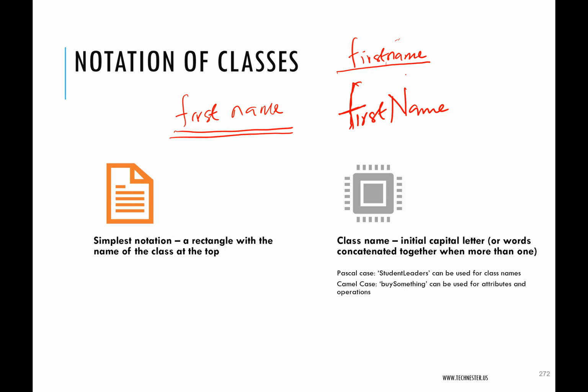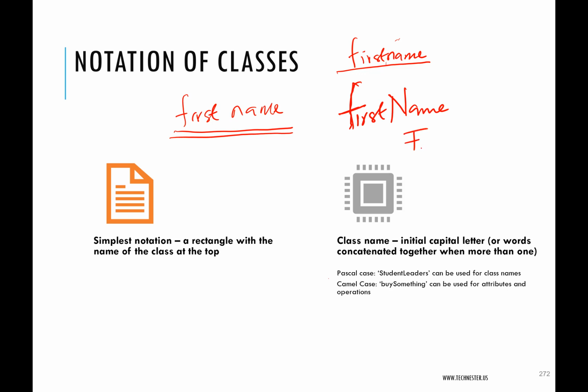Because we are joining two different words together, but we still want to create that visual separation, there are at least two ways that we use. When you are writing class names, the case we use is called Pascal case. The idea behind Pascal case is that every first letter of a word that you are concatenating together should start with uppercase.